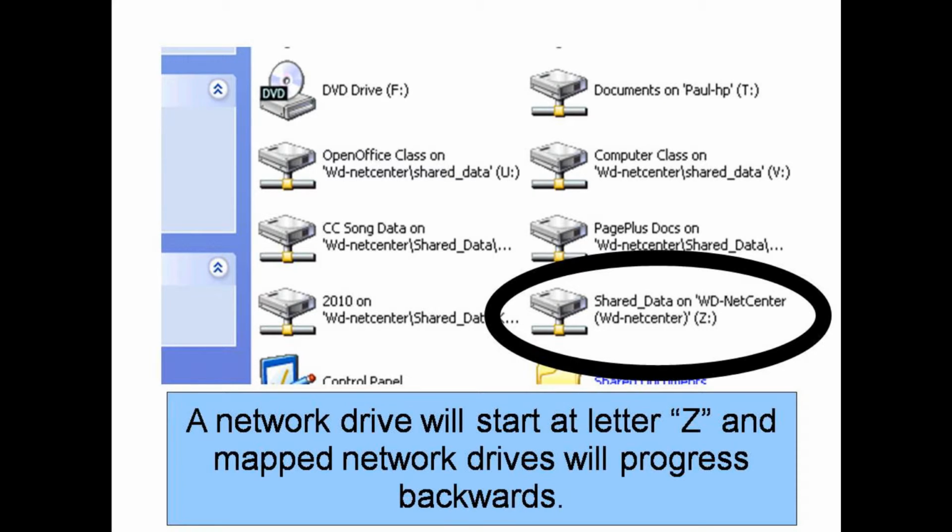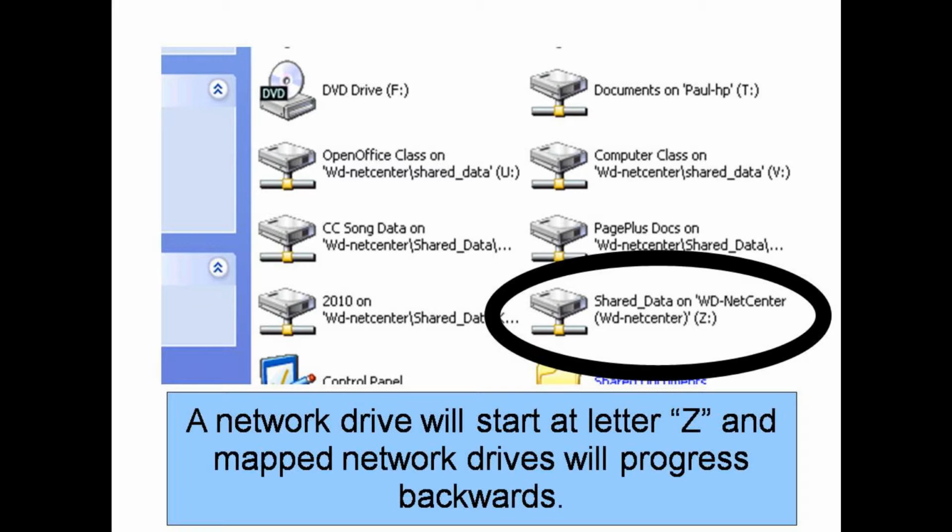It is not required that everything has to be turned on. Only a direct connection is made, either through the wires or through the Wi-Fi. And as we add on drives, it will go backwards. So then we have a Y and an X, and we go backwards right on back.